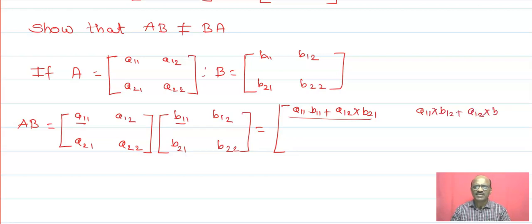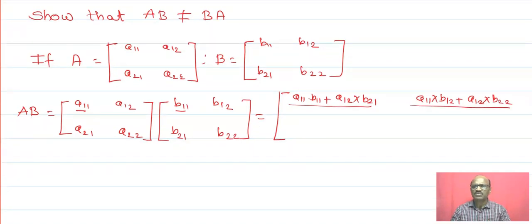Next is again A11 B12 plus A12 into B22. This will be the second element. And now second row, again first column. The second row is A21 into B11 plus A22 into B21. Now see this very properly.